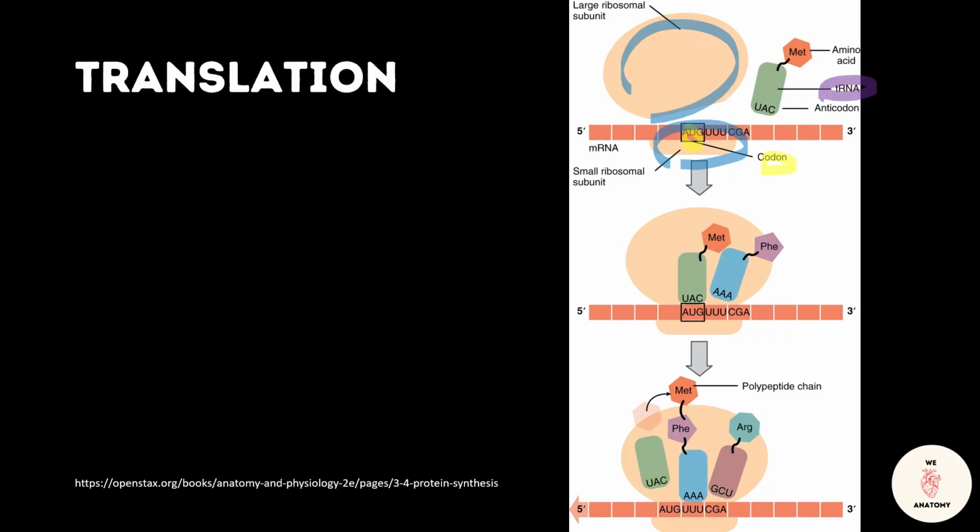The tRNA has a 3-base sequence at one end that matches the codon on the mRNA strand. So here we have AUG, and that is going to match with this complementary sequence UAC. So it's on the mRNA strand, it's the codon, and on the tRNA strand, it's called the anticodon.